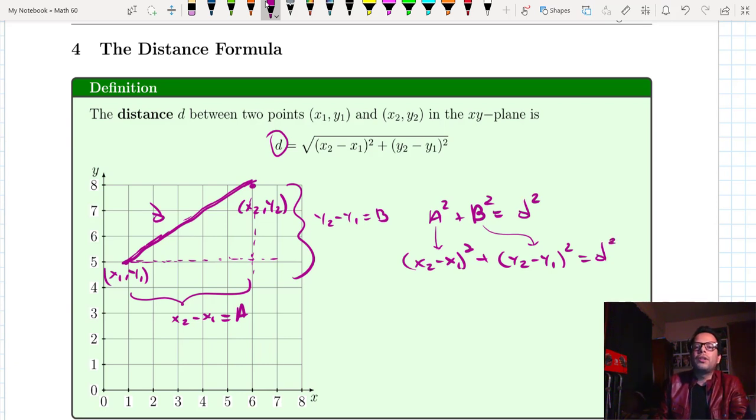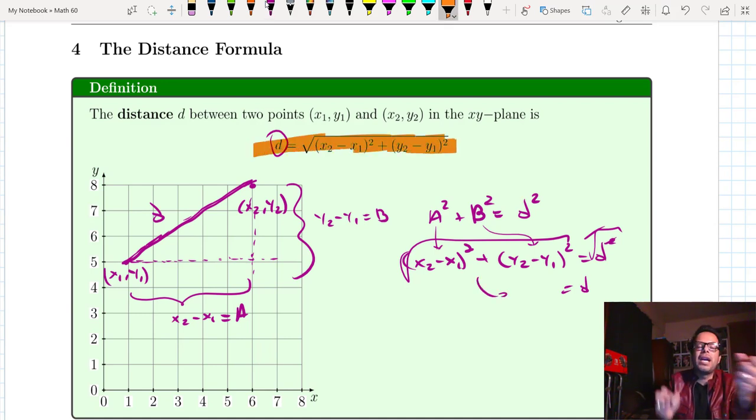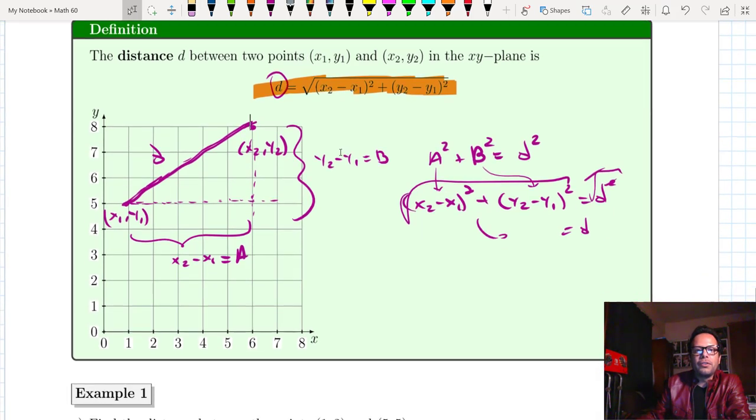If you take the square root on both sides, we can cancel and get d equals that expression, which is no other than the formula that we have here. You don't need to write this down if you don't want. This is just a simple derivation. In fact, I will reserve this picture for the example that we're going to do.